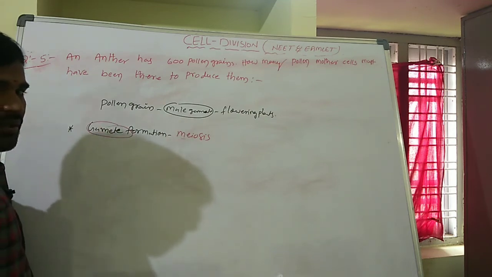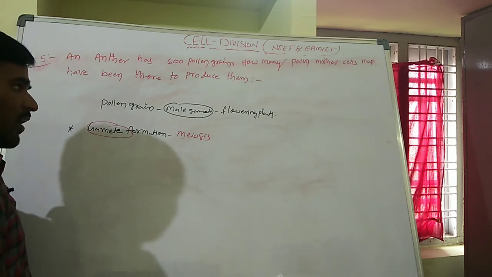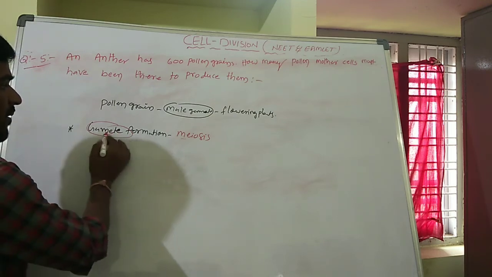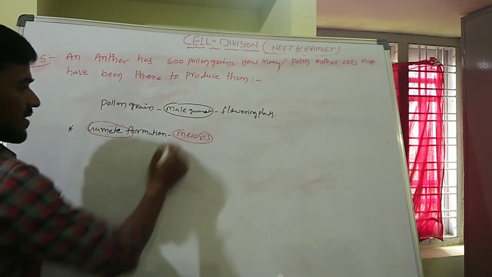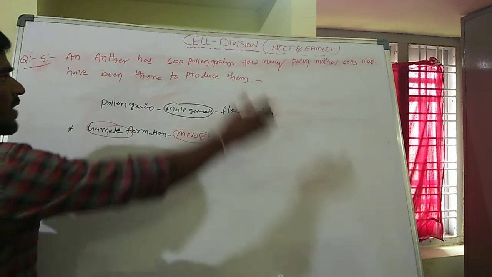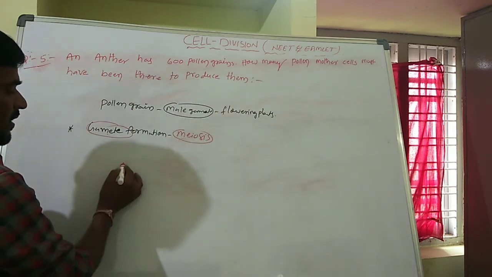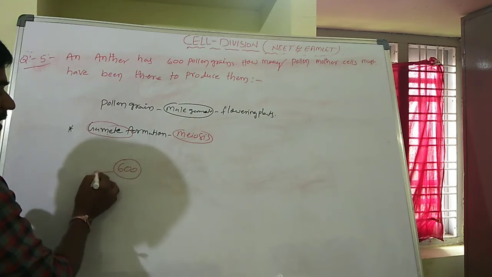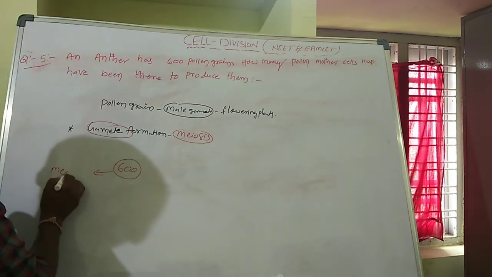Meiosis division, in animals, in plants, whatever it may be. In any organism, for the formation of the gamete, the division is meiosis. Here also the number of pollen grains is 600. These 600 pollen grains are formed by the process of meiosis.